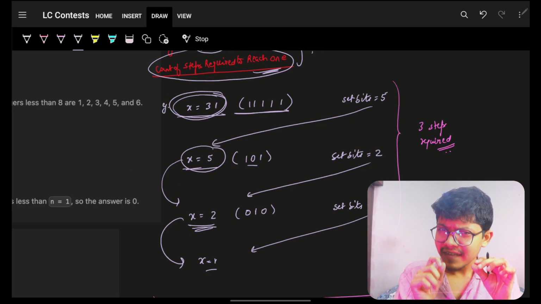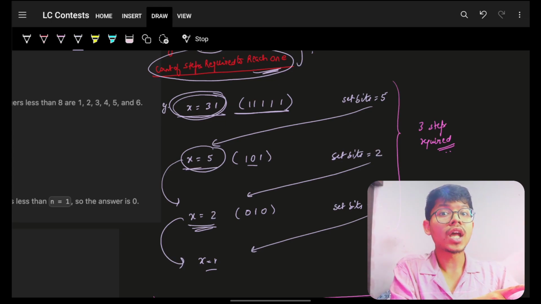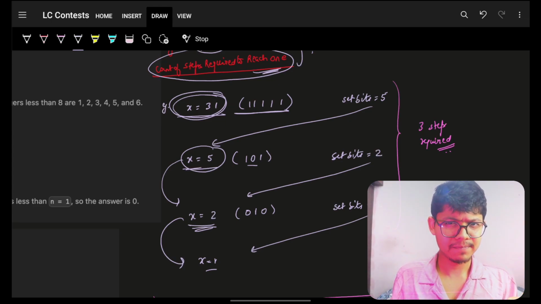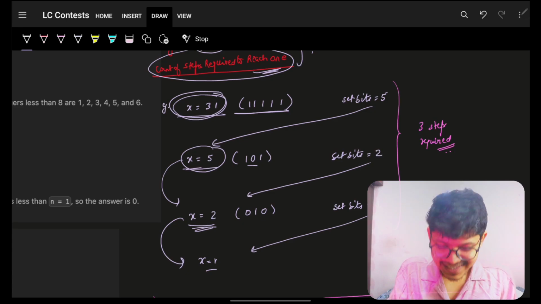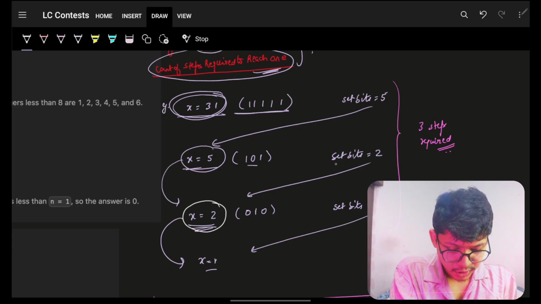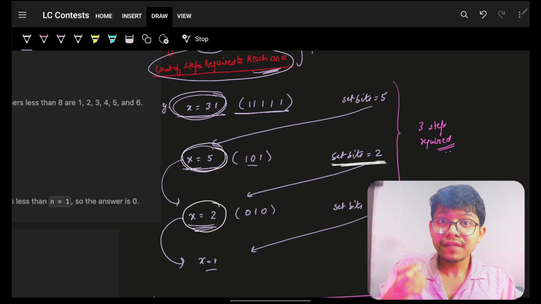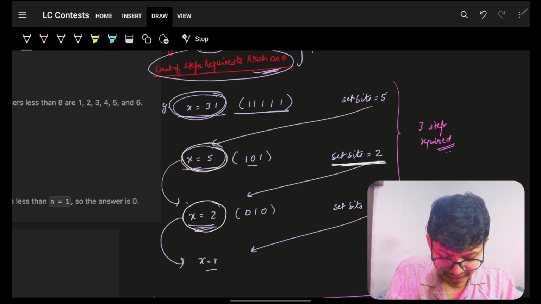Did you see a very basic DP applied? Again, I'm not saying the actual digit DP, I'm saying a very basic DP. That is simply, if you know the answer for 2 set bits, you can easily compute the answer for 5 set bits by just adding a +1.